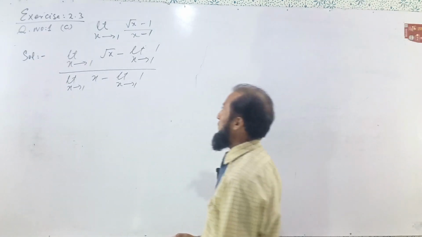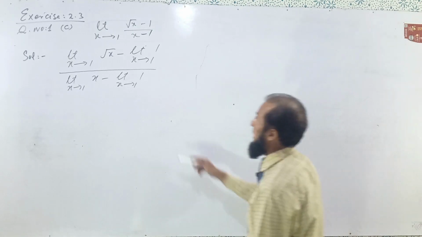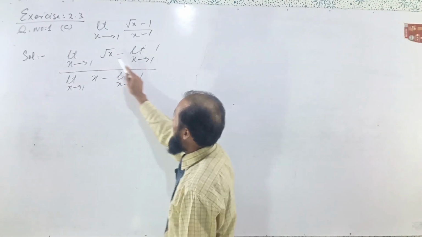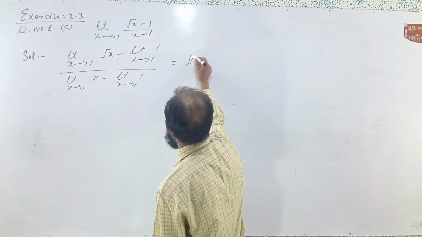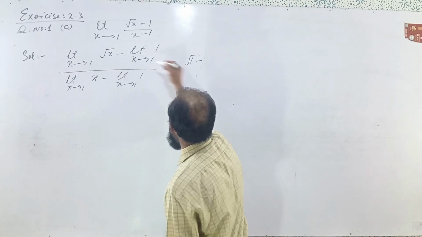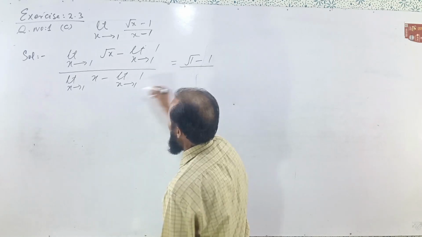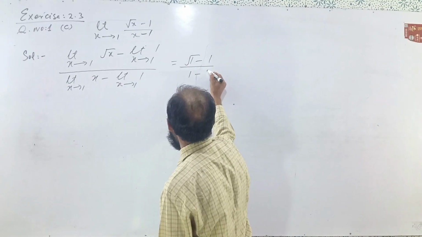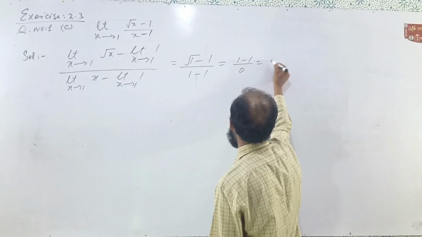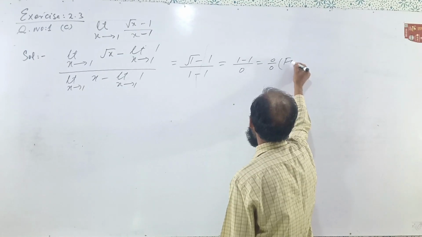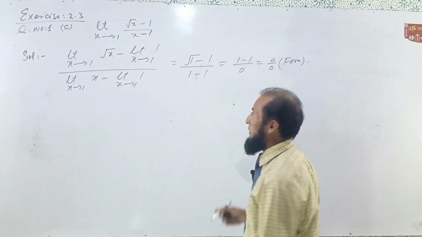According to the constant rule, we directly put x equal to 1 under the root, minus 1, and the constant gives 1. Similarly here we put 1 minus 1. So the result is 1 minus 1, which is 0 divided by 0 form. So this is an undefined case.